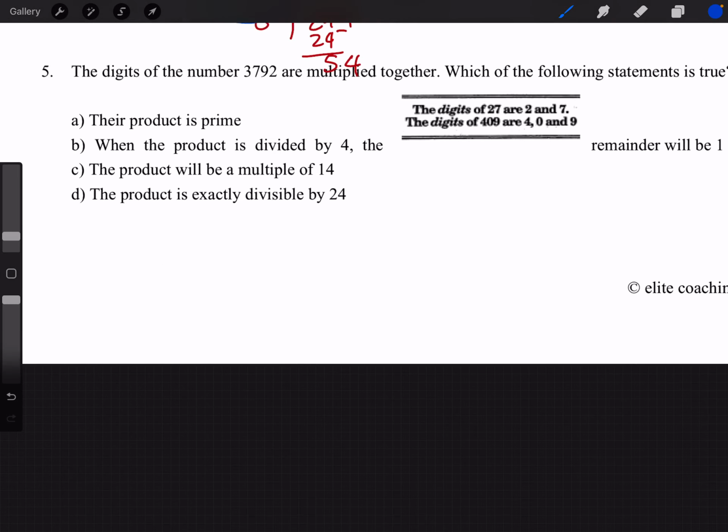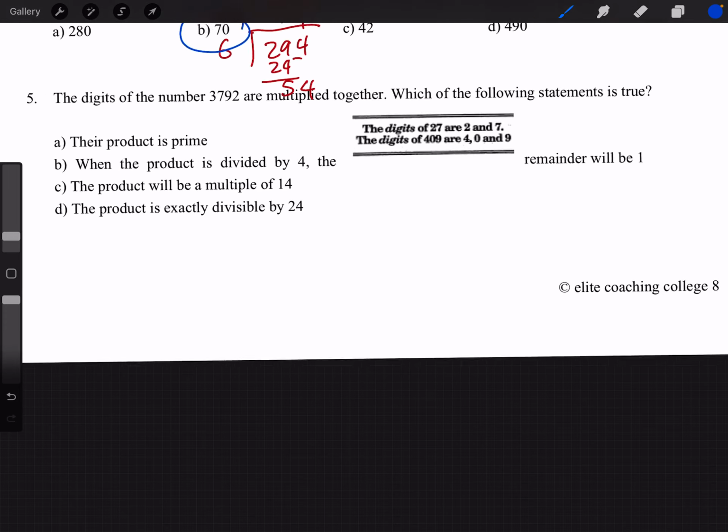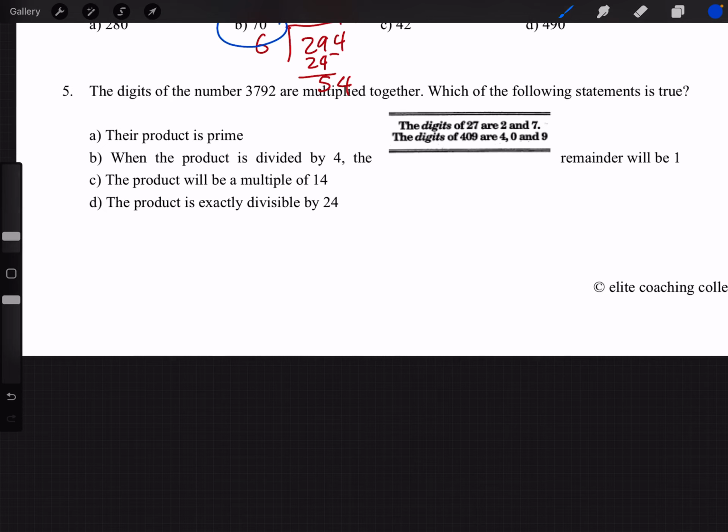The digits of the number are multiplied together. Which of the following statements is true? Okay, so let's see which one is true. The digits of the number 379 are multiplied together. So if you get 3 times 7 times 9 times 2, let's have a look.